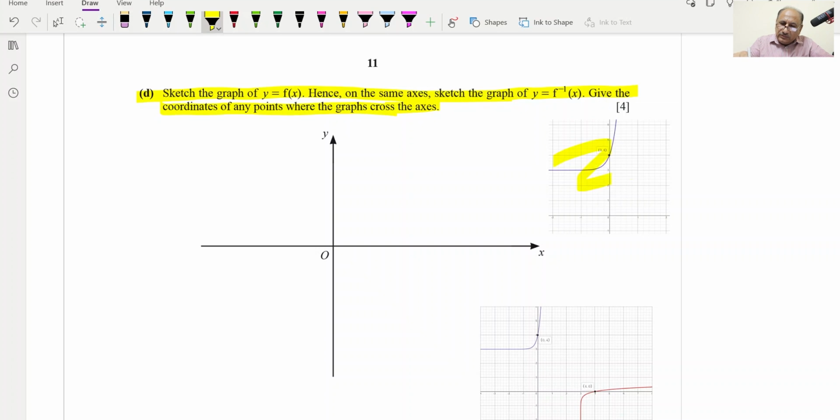This graph is not part of the paper; I have copied it here for your explanation. I'll explain in a while. First, we will use this coordinate axis to sketch the graph. For this sketching, we can take f of x. What is f of x?